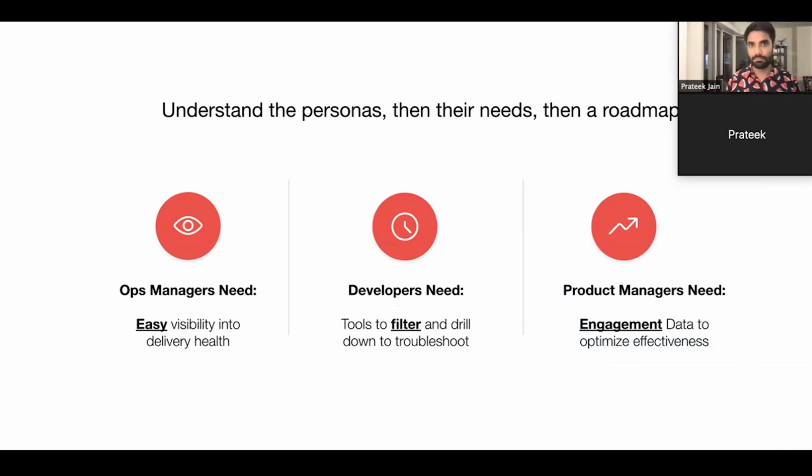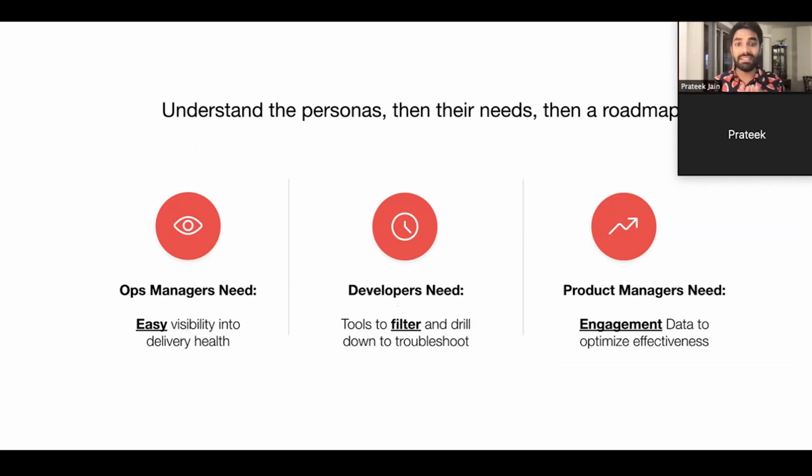Then I found what the personas were that we were trying to serve. Persona number one was people who were monitoring Twilio's performance. These were ops people. They wanted easy visibility into the health of their applications on Twilio. Fair enough ask, right? A health check.